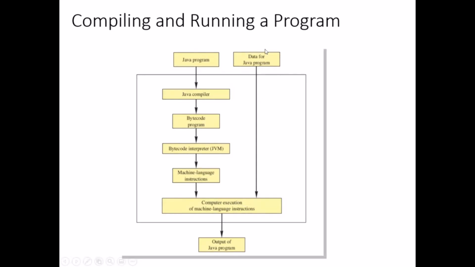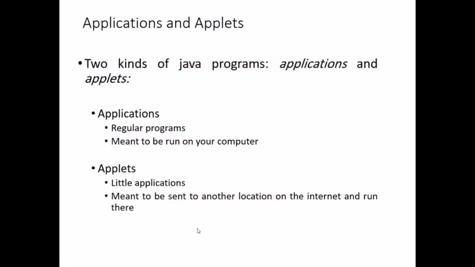Of course, the computer needs data, so it takes the data and the machine language of that program and will give you the output. In Java, since it is used for internet applications, if your program should run on your desktop, then it's called an application.